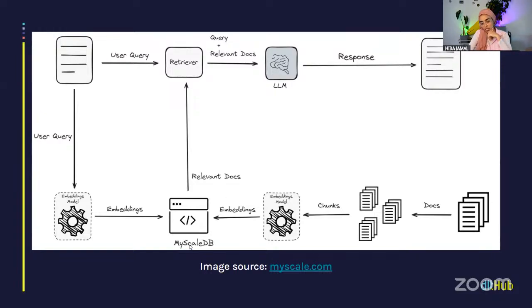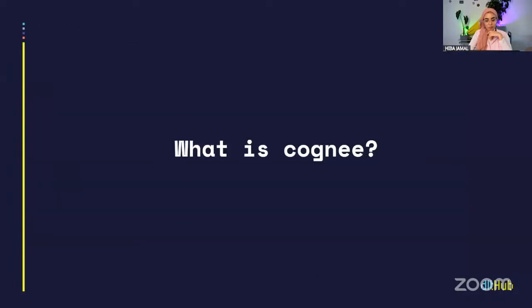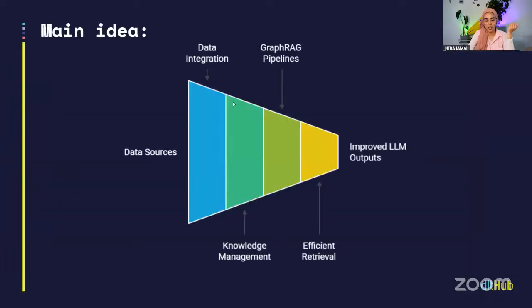So this database could be LanceDB, it could be Qdrant, Weaviate, it could be anything. But here we want to make a knowledge graph, or a graph RAG. So your data sources get transformed into a graph RAG, and then there's very efficient retrieval that can give you improved LLM outputs, which we will look into how that happens.